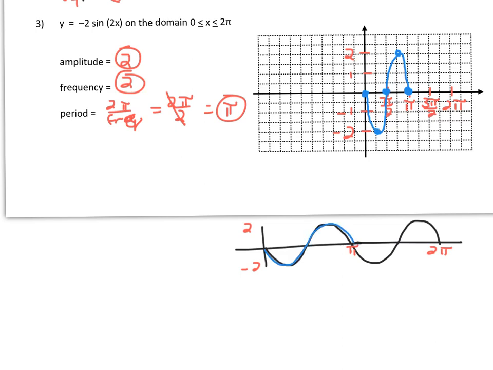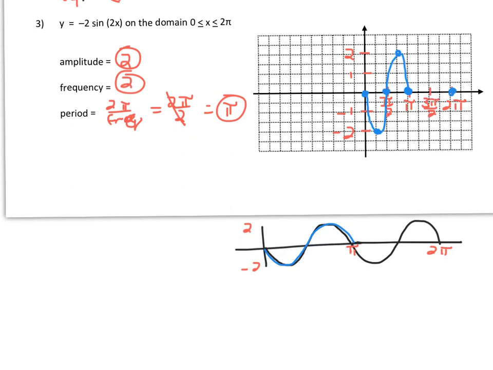All right, but anyway, now what we want to do is also fit another complete cycle of the sine curve. We know that it, again, starts at a height of 0 and ends at a height of 0. So at 2 pi, we're going to be back at 0. And then halfway between these 2 points, we're again going to be at a height of 0.